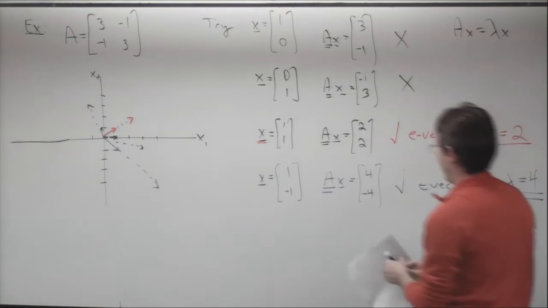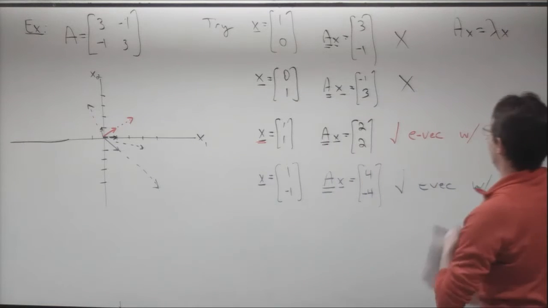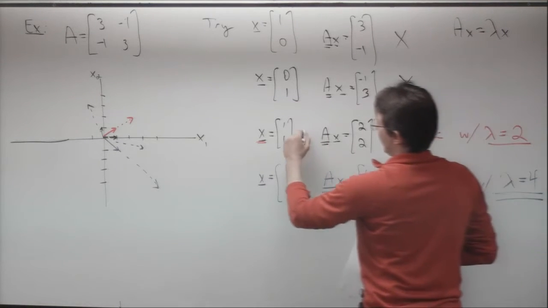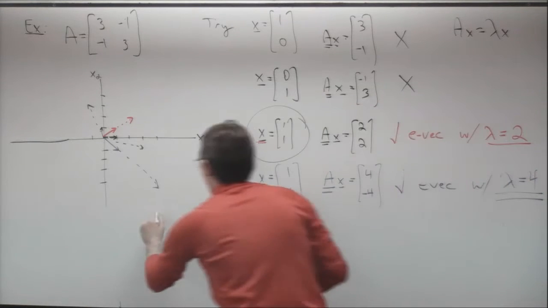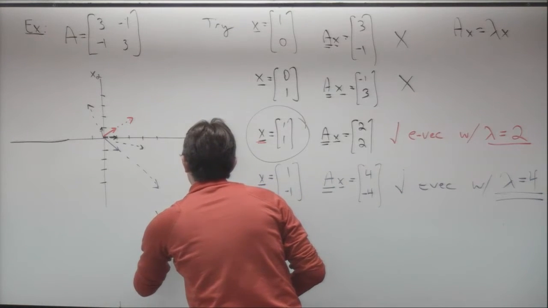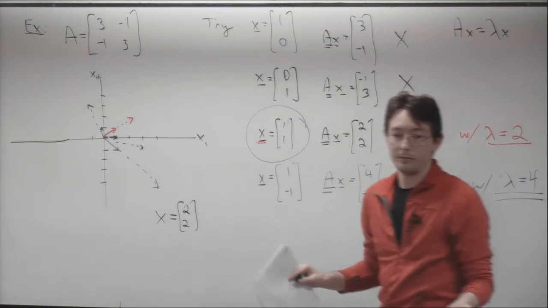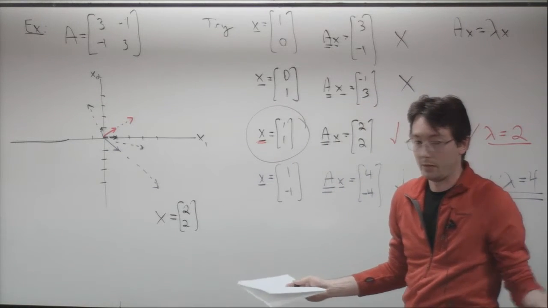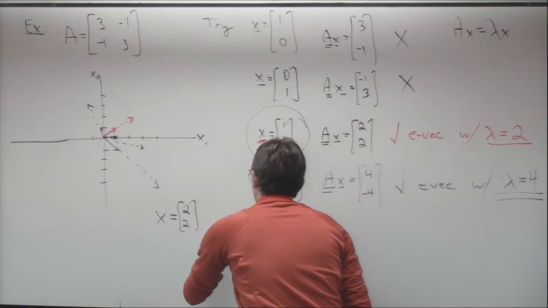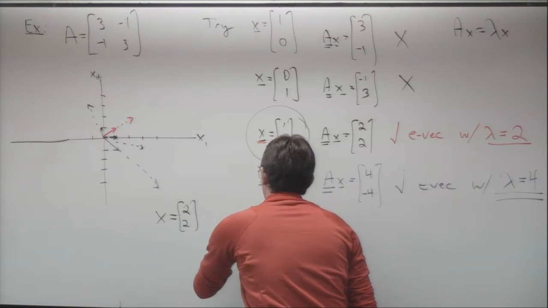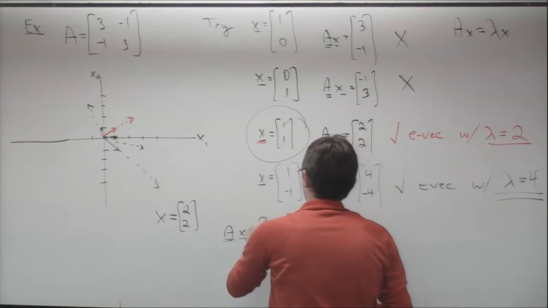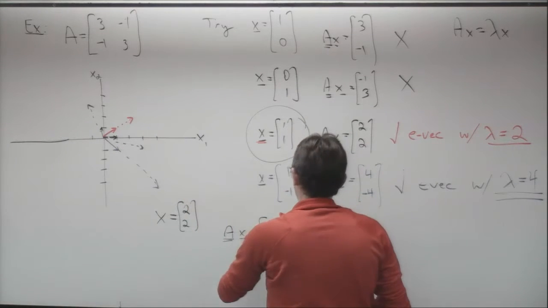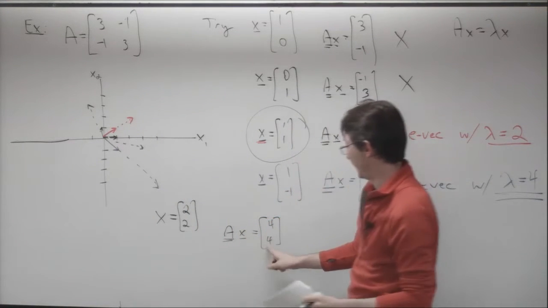There's another point here. So this is an eigenvector, right? 1, 1. But x equals 2, 2 is also an eigenvector. If I take A times 2, 2, I get 6 minus 2 is 4, and minus 2 plus 6 is also 4, and this is lambda times x.